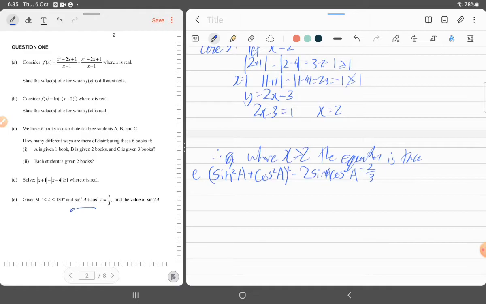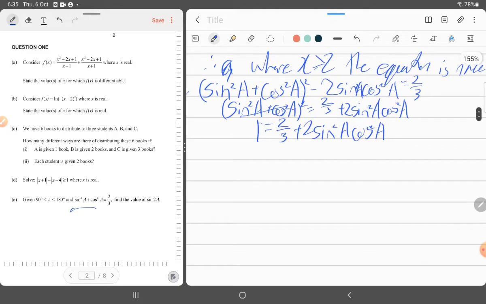Sine squared a plus cosine squared a all squared is equal to 2 over 3 plus 2 sine squared a cosine squared a, but then sine squared plus cosine squared just turns into 1, and this 1 squared, so 1 is equal to 2 over 3 plus 2 sine squared a cosine squared a.